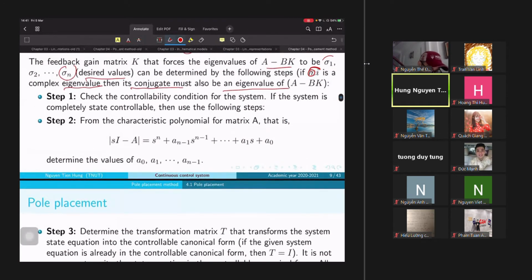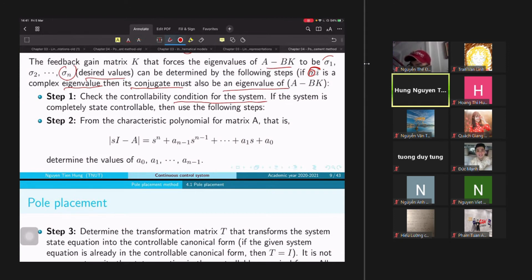Step one: we have to check the controllability condition for the system. If the system is completely state controllable, then we use the following steps. Otherwise, we have to stop and say that we cannot do that, because the system is not completely controllable, so we cannot put any pole at any location we want.